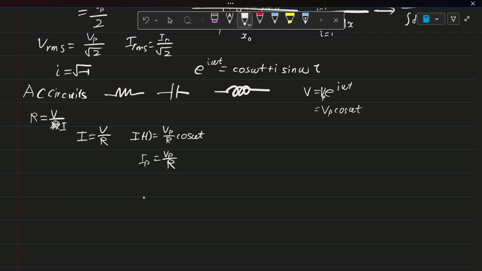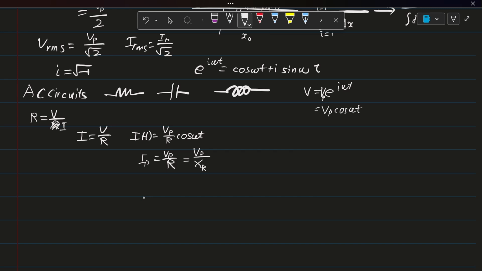So what we see here is that it's pretty much just a change with the amplitude. From voltage, it turns into ampere with the proportionality constant being ohms. And now this thing here, Vp over R, can normally be described as Vp over XR. So XR describes the reactance, or pretty much the resistance in terms of frequency.